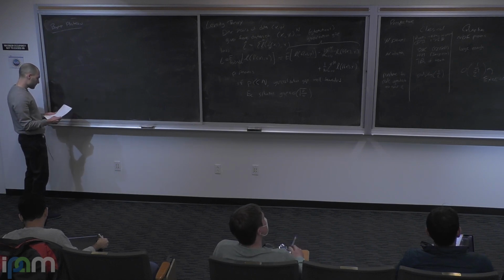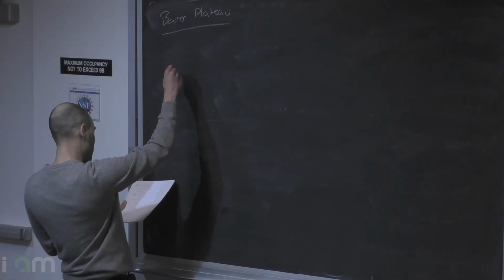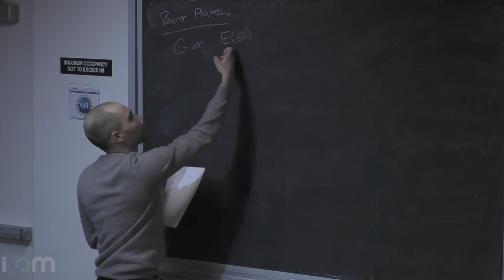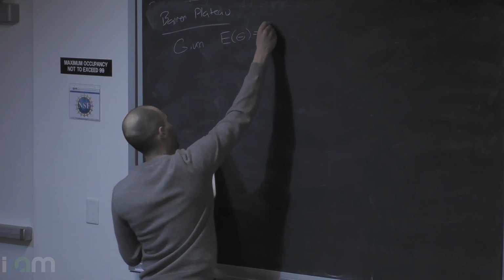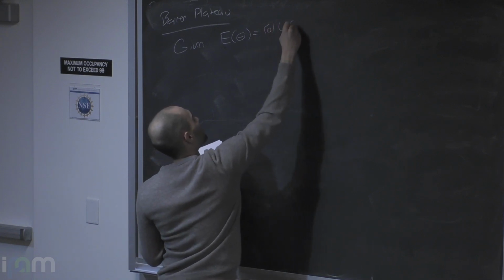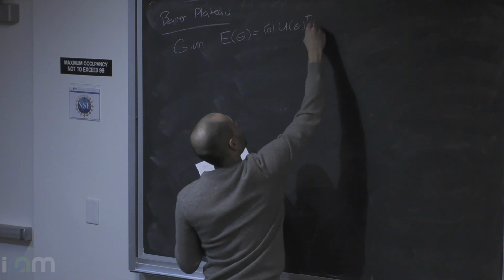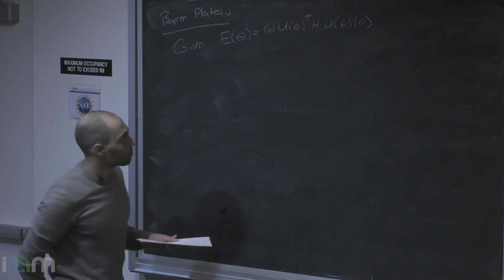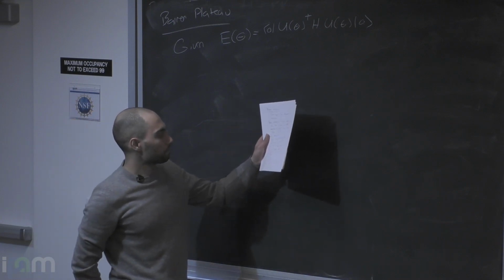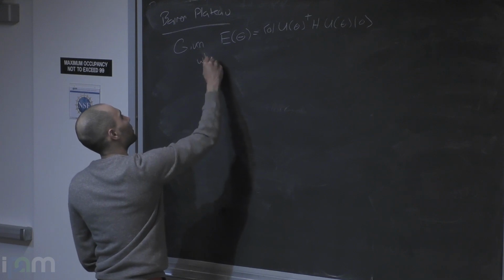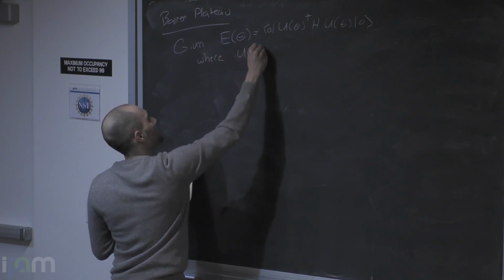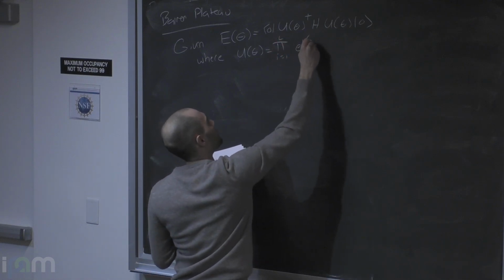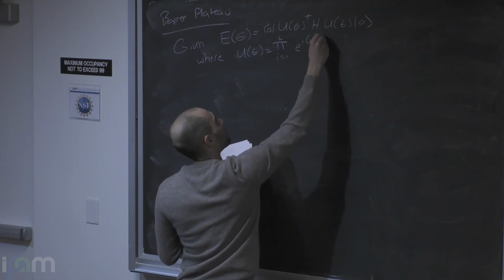The formal statement is the following. Let's say we're given some E of theta. We have some thetas, and it gives us some energy, which we can say is equal to <0| U(theta)† H U(theta) |0>, where U(theta) is equal to a product over i equals 1 to L of e^(i G_i theta_i).